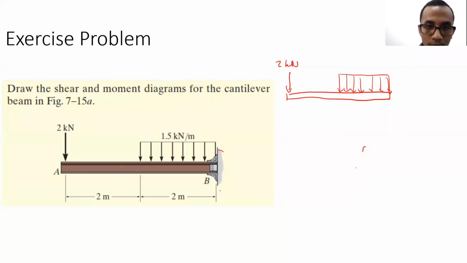And because there is a fixed clamp at the end, there's supposed to be a reaction as well, a reaction force V and then a moment as well. This is supposedly the free body diagram, right, Sabina?